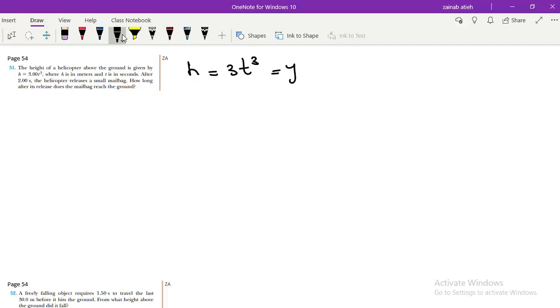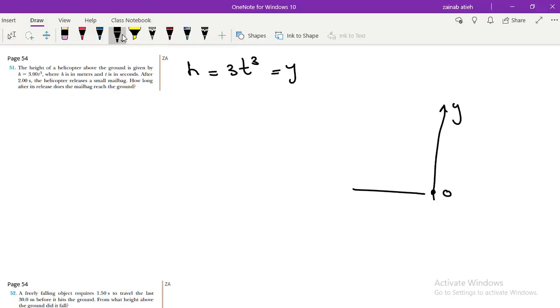So I have the ground, and the helicopter is moving upward from the ground. I will take my y-axis upward. This is my y-axis. I will take the origin of my axis at the ground. This is O. The helicopter is somewhere along the y-axis, and at each time it has a different altitude.